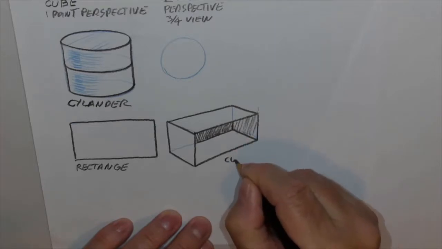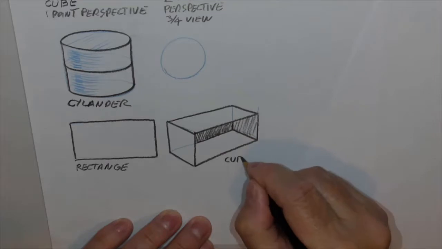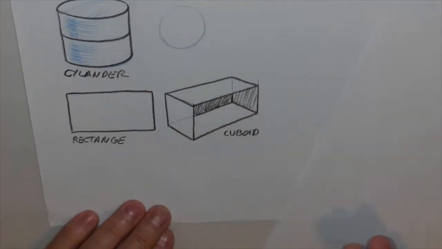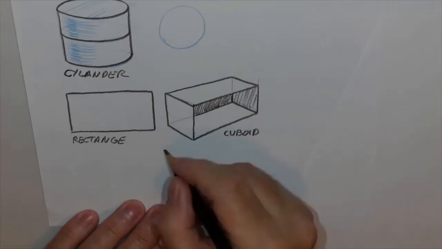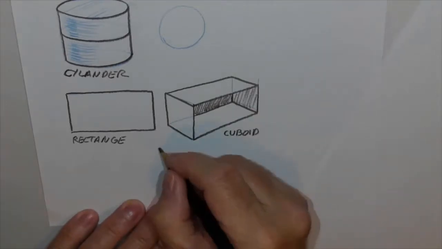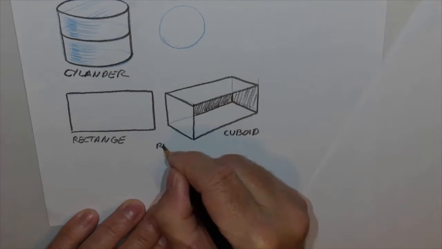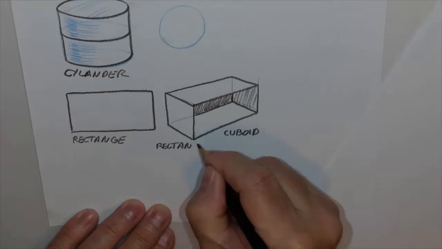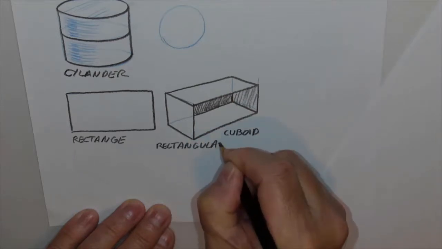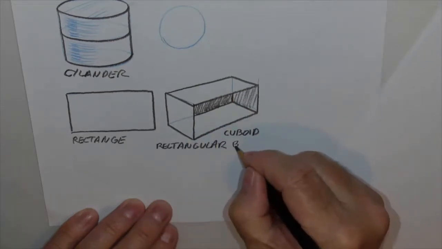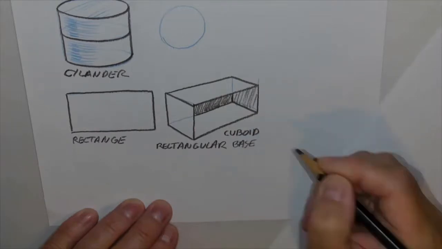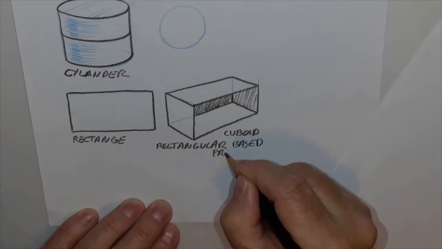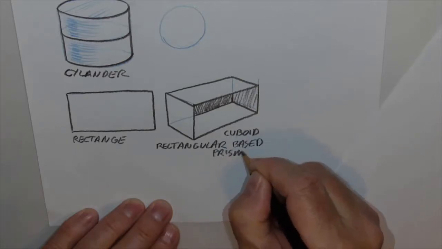A cuboid, nice and simple, or more descriptive, for a full name on this one, is a rectangular based, I'm going to put it down here, prism.